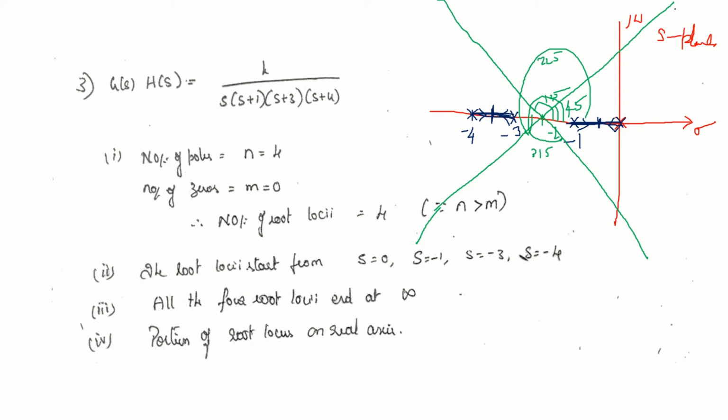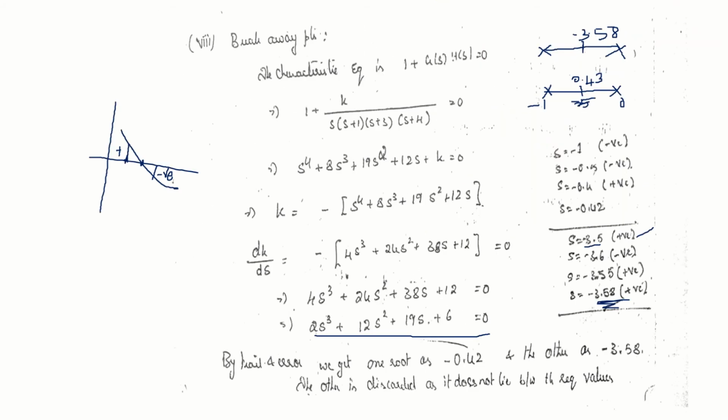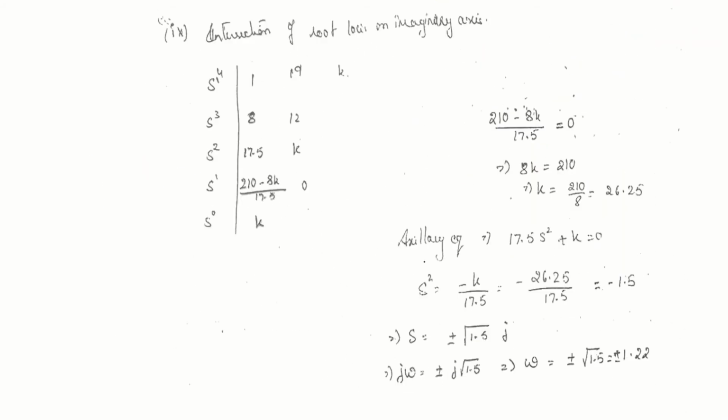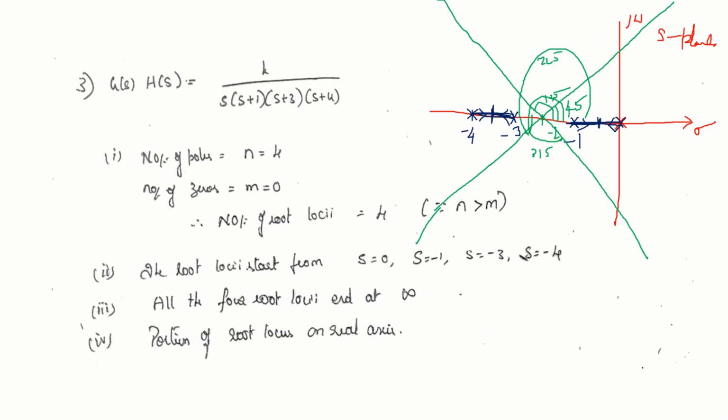After that, let us find the k value. So characteristic equation. Then from that omega I'll get 1.22. Mark 1.22. Maybe here it is. -1.22 is here.